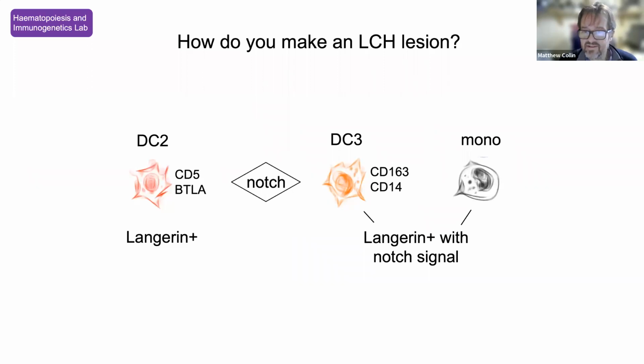For example, if you take steroids, it's hard to sleep, you eat lots, you gain weight, it's bad for your bone density. There's a whole load of metabolic side effects, and that's very effective in making a lesion go away. But perhaps we could be smarter and target the exact thing inside the lesion that was making it happen, and drugs that do that might not have so many side effects.